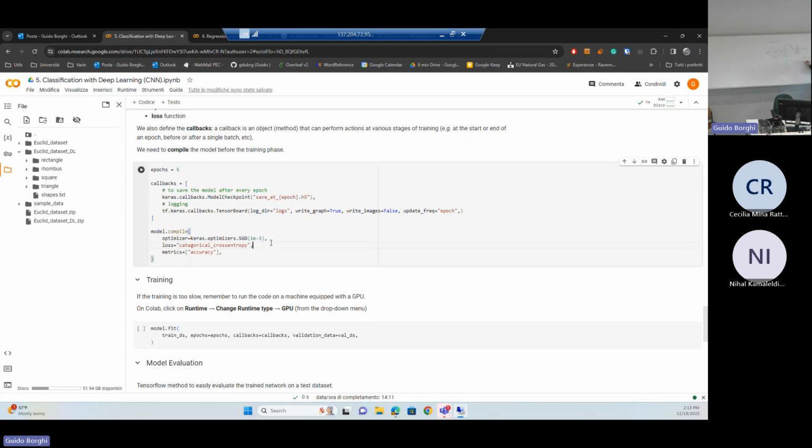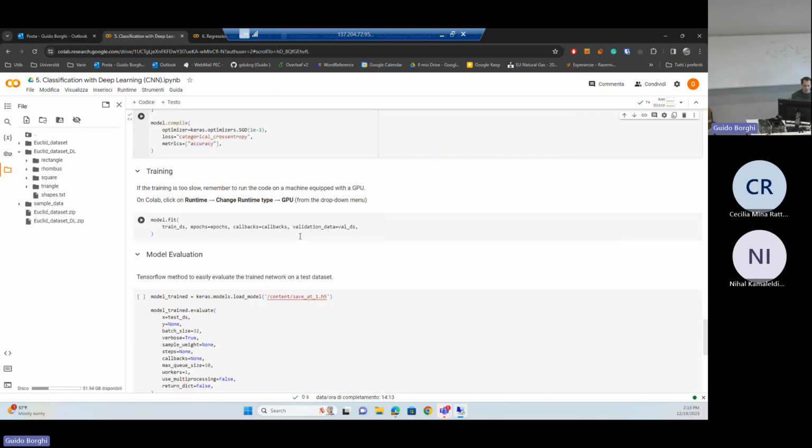From scratch, we can usually use Adam. It is better than SGD. But it's important that with fine tuning, we have to use SGD. As the loss function, we have the categorical cross entropy, and for metrics, we have the accuracy, of course. Then we can run this cell, and then we are able to run our training procedure.